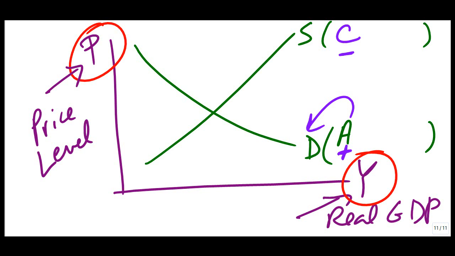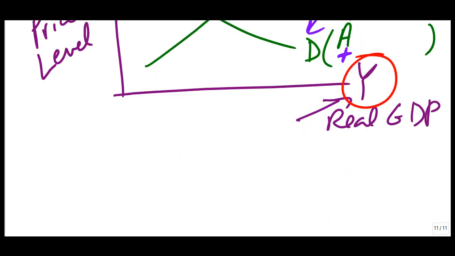Alright, and once again, we're going to be looking at different models, like the classical model, New Keynesian, and we're going to be trying to explain how the economy works, or we're trying to explain certain variables in that economy.